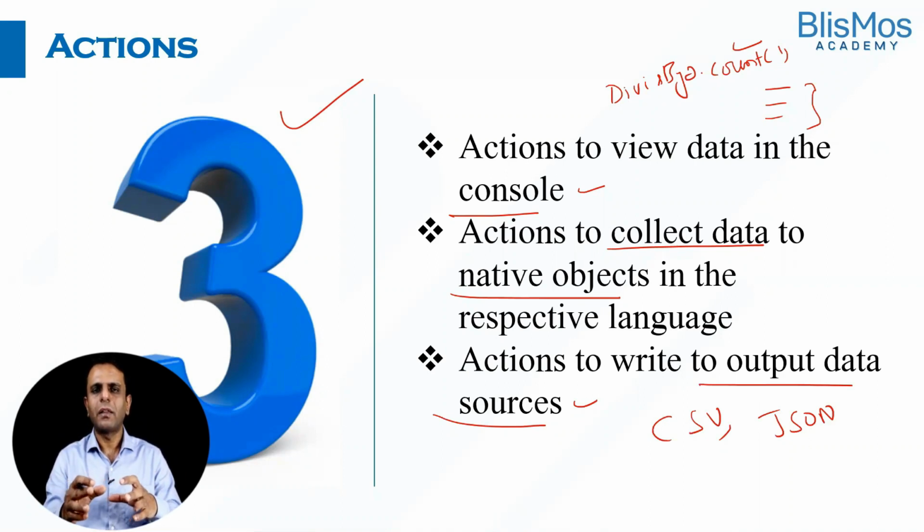Now, after applying the modulus 2 on that to see how many of these 10 numbers are even numbers, we went ahead and used the transformation dot where number modulus 2 is equal to 0. If I want to know how many things are there in the resultant data frame and I want to write it back to some of the output so that I can use it further, that is where we need this action, where we are using this action to write it to the output data sources.